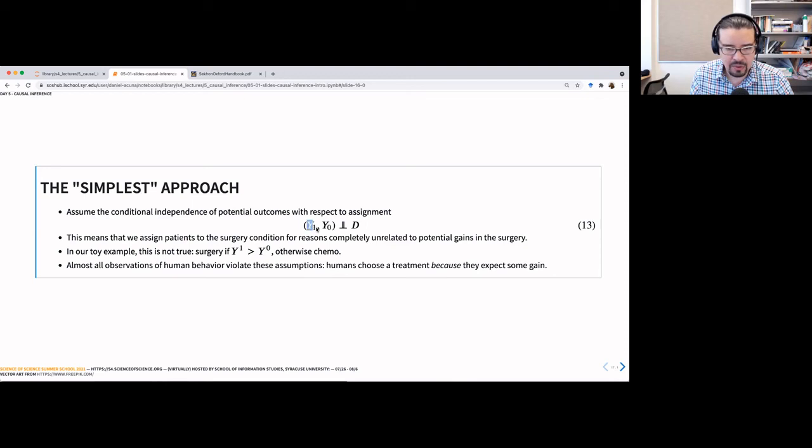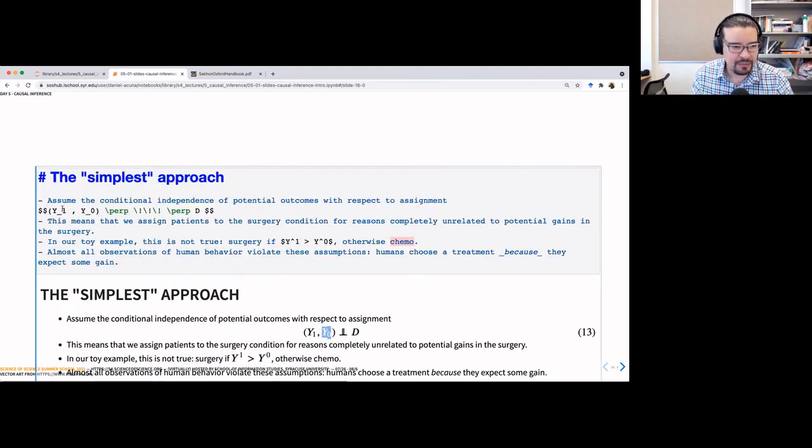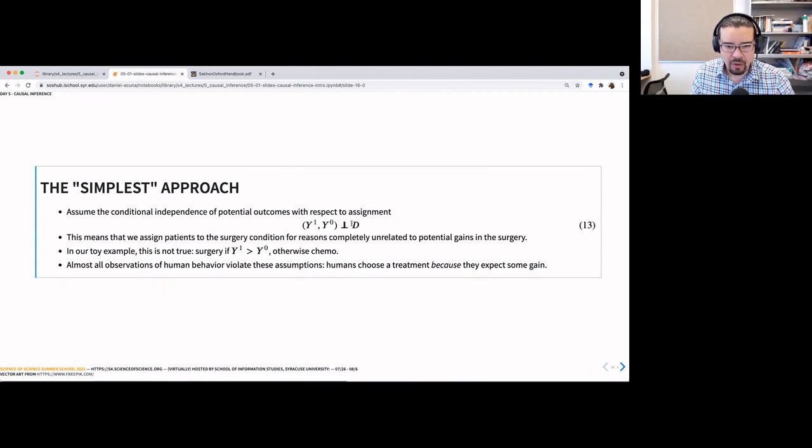I think this is supposed to be an uppercase superscript, so I can just fix it in real time. This means independence, so it's probabilistically independent. The choice of the treatment doesn't depend on the outcome. So you're not trying to guess if you will get better if you get the treatment.